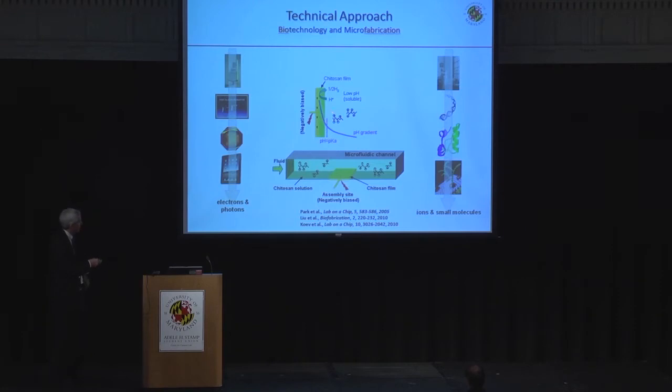This describes a polysaccharide called chitosan, which is a polyglucosamine. It has an amine group that has a pK of around 6.5. So if you submerge an electrode, which you don't like to do with your cell phone, but we can do that here, you generate a pH gradient by having a negative bias on the electrode. This little yellow thing is an electrode under a microfluidic channel.